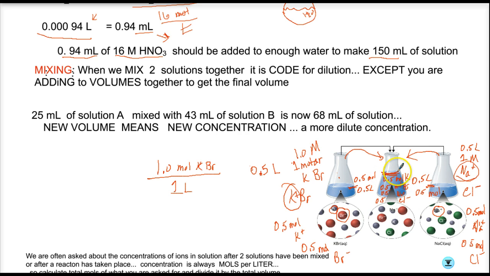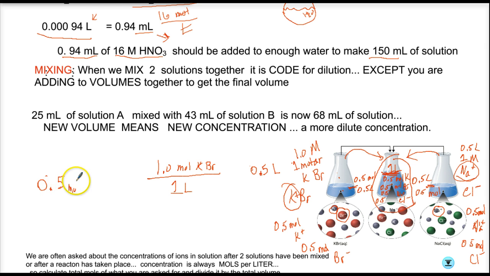All in, now I have 1 liter of solution. I added a half a liter and a half a liter, and now I have all of those things in 1 liter. So now what's my new concentration? Because my concentration changed because I added these two things together, therefore they are more dilute.